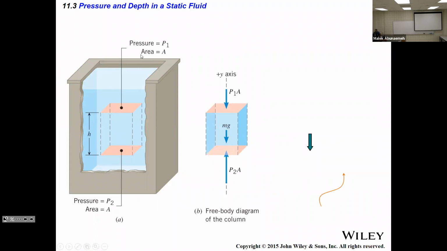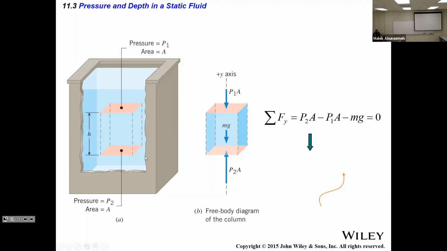The force here is P1 multiplied by the area. The force here is P2 multiplied by your area. That means your sigma F is F2 minus F1 minus your weight going down. The weight is your mass times gravity.